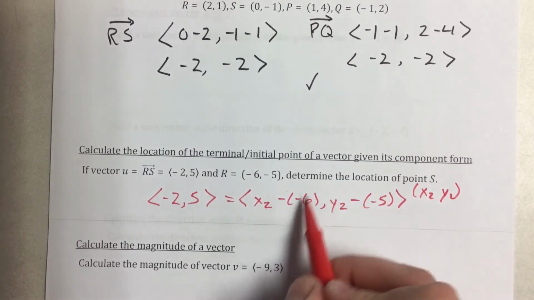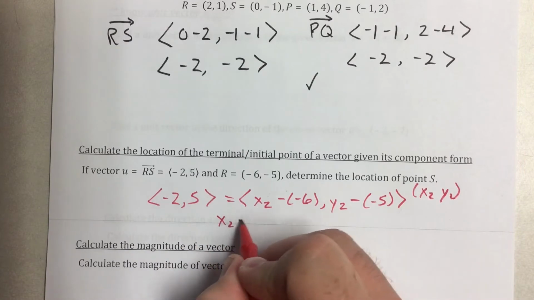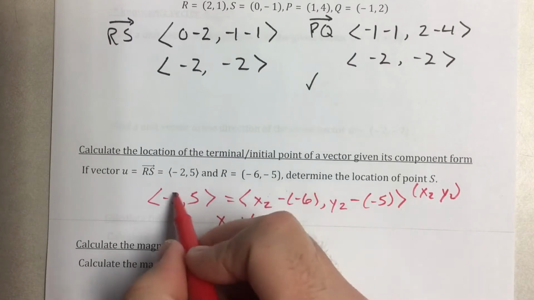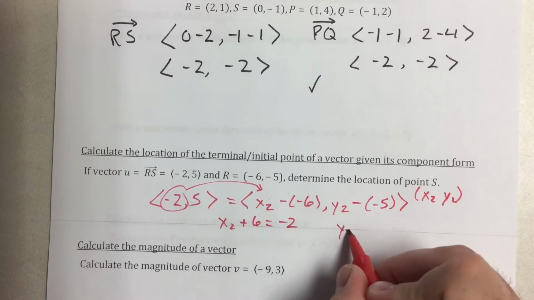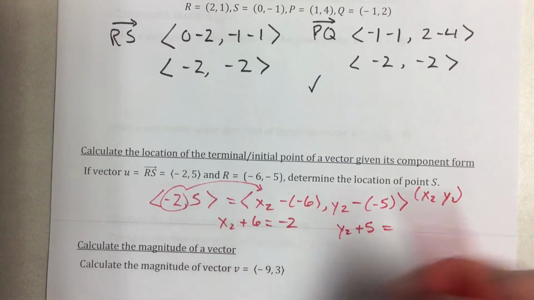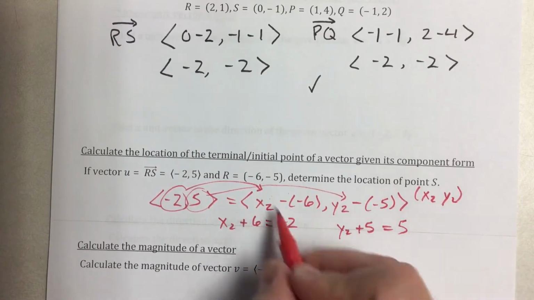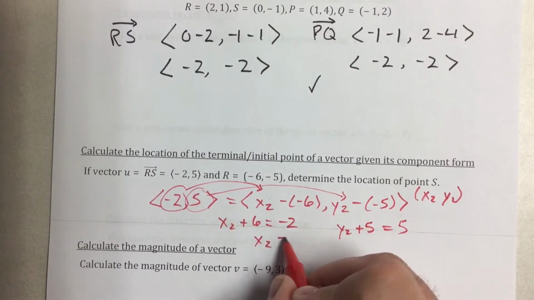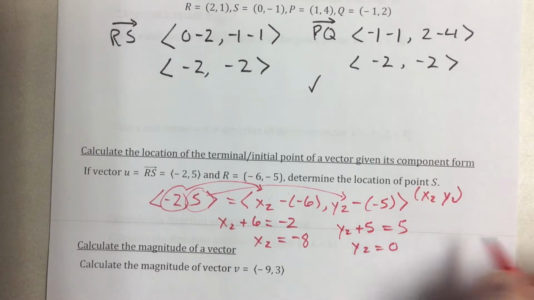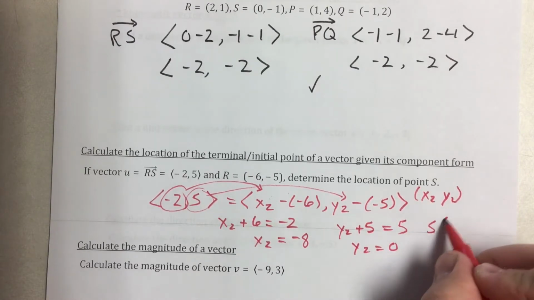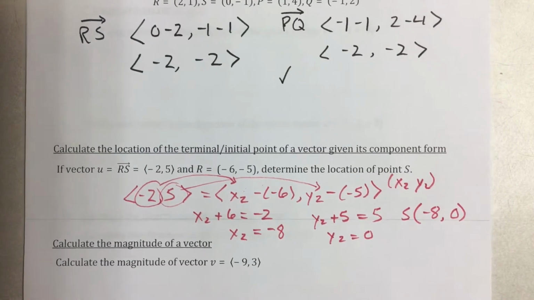So x2 plus 6 must equal negative 2, and y2 plus 5 must equal 5. With some quick manipulation, we see that x2 is negative 8 and that y2 is 0. So the coordinate of S is negative 8 comma 0.